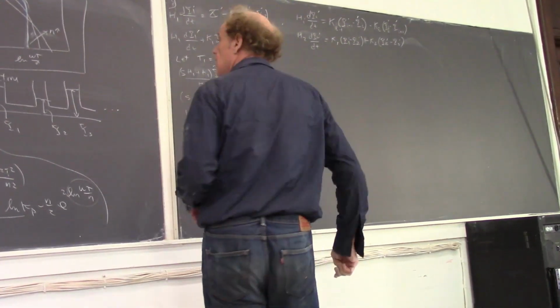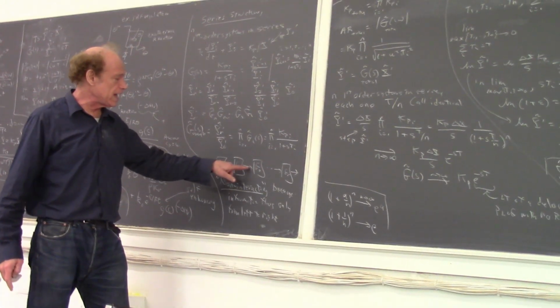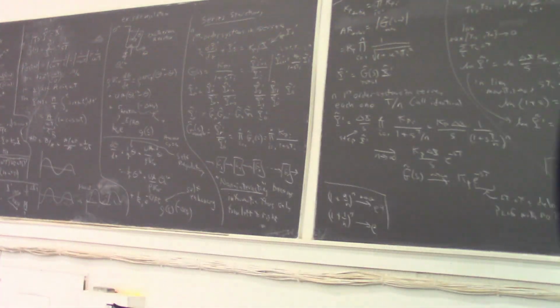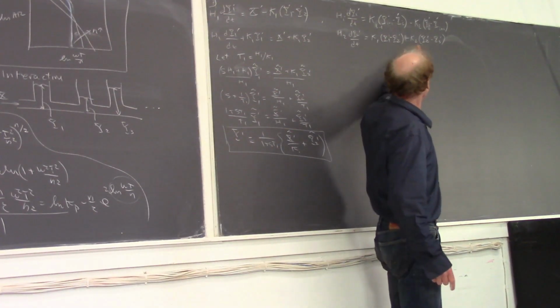I want you to notice that unlike the non-interacting systems, where the information flows from left to right, so to get the output here, I only need to look to its left, here, to get y2, I need to know y3 and y1.